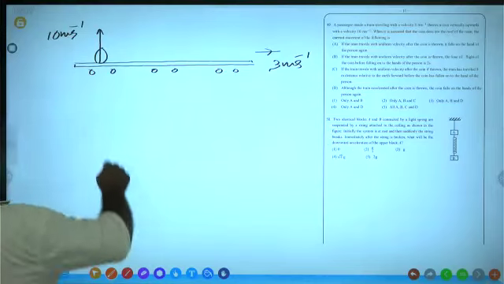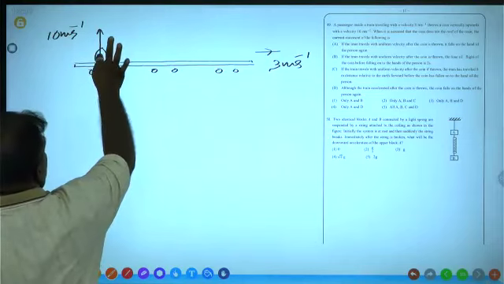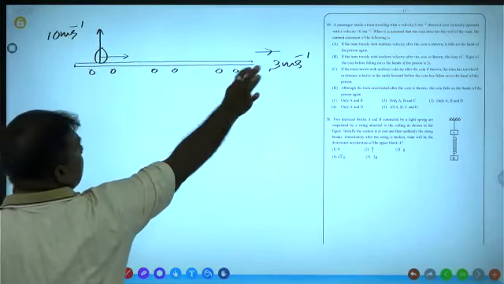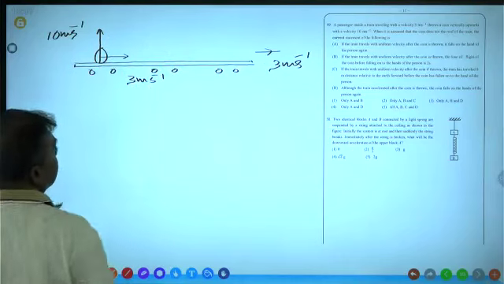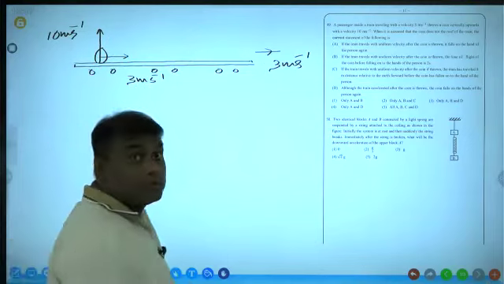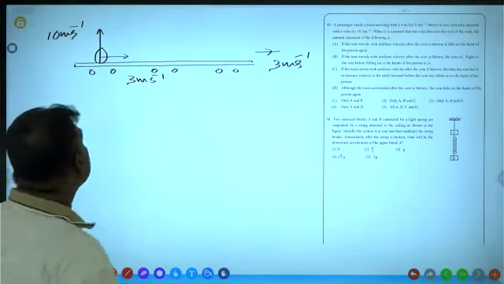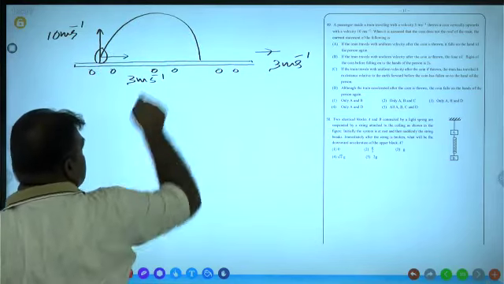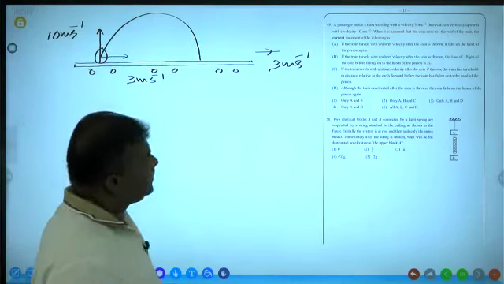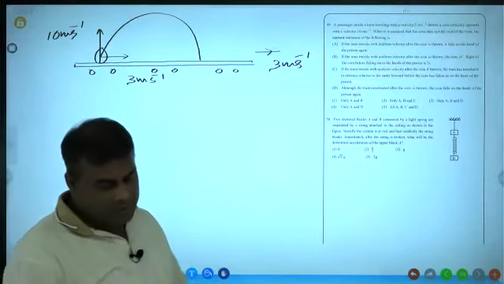Even though the object is projected up, this velocity is already available from the moving railway cabin, so this automatically becomes a kind of projectile motion, right? You are given 3 statements.